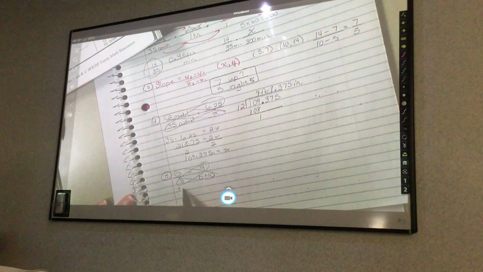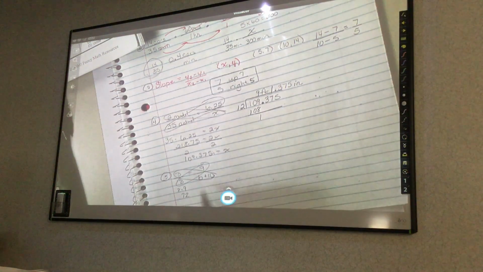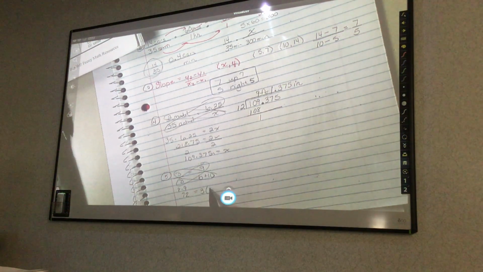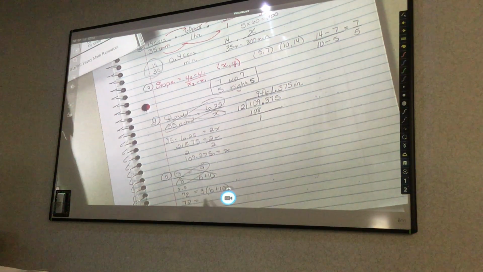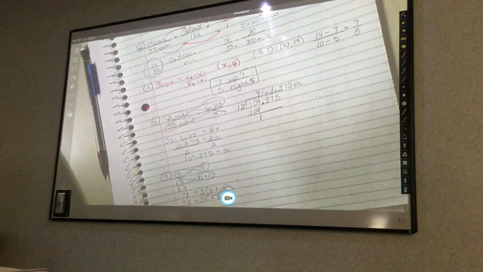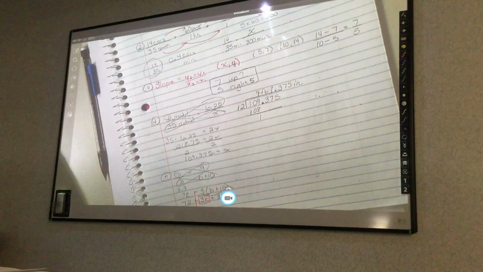So 8 times 9 is 72, right? Equals 3 times the quantity, b plus 10. So 72 equals, then the distributive property, 3b plus 30. Put a box around my 3b, because I don't want to move it. Put my line there, don't forget my line.